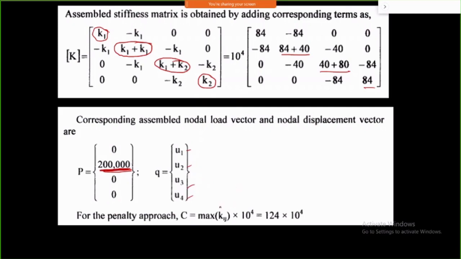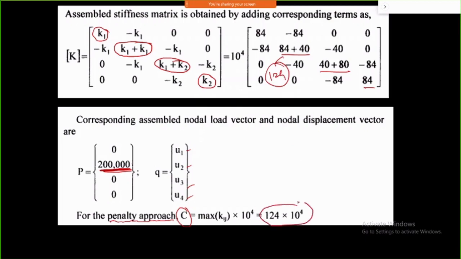Now we need to consider the penalty approach. Previously we have seen the elimination approach, in which we eliminate that variable. Here we are not going to eliminate it. In the penalty approach, we need to identify the maximum value of K, that is C. So here 84 plus 40 becomes 124 into 10 raised to 4.